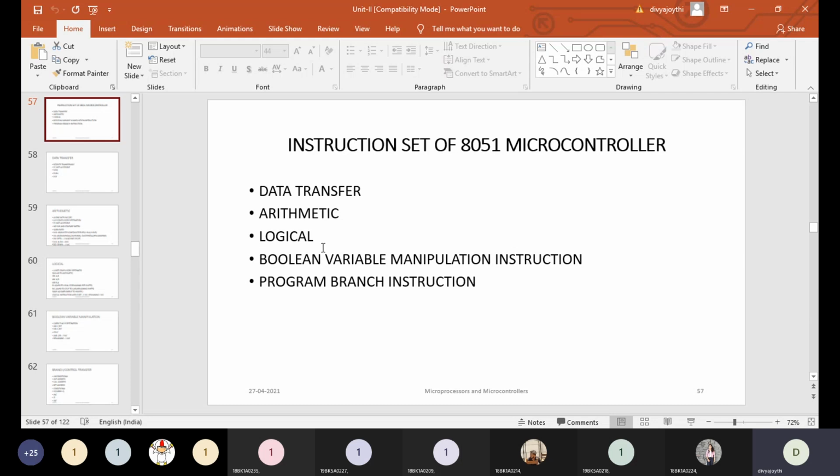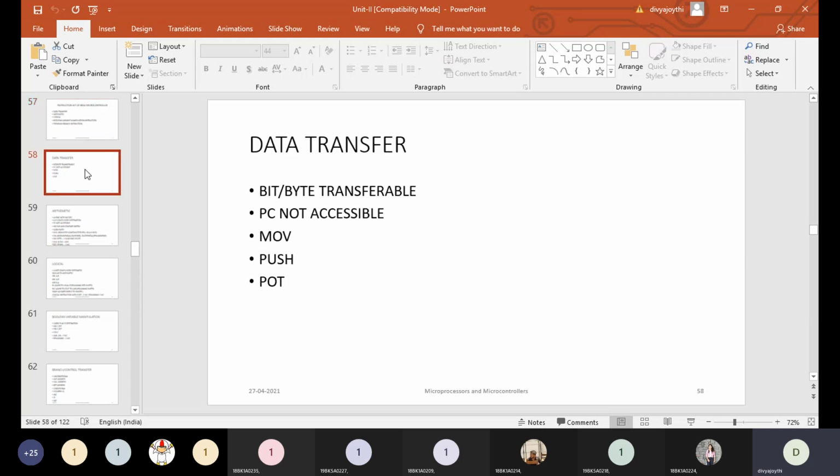Now if we go in depth, coming to the first type of instruction, that is the data transfer instruction. In this data transfer instruction, if a register supports 8 bits of data, it's not mandatory that all the 8 bits need to be transferred to the destination register.